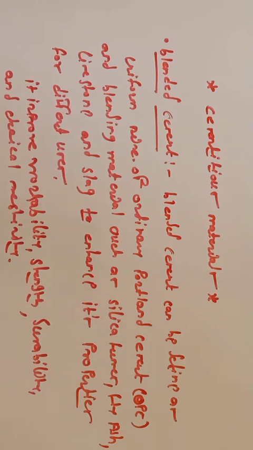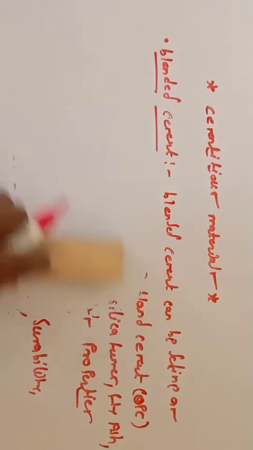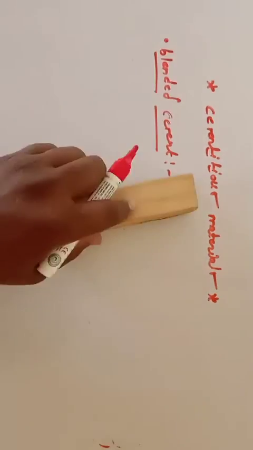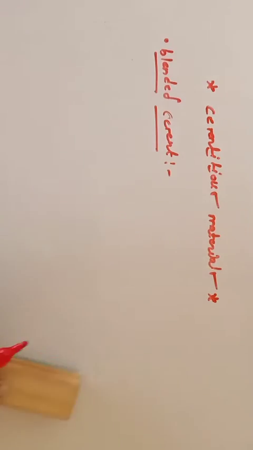This type of cement, in which Portland cement is mixed with inorganic blending material, is considered a blended cement. Let us consider another definition of blended cement.